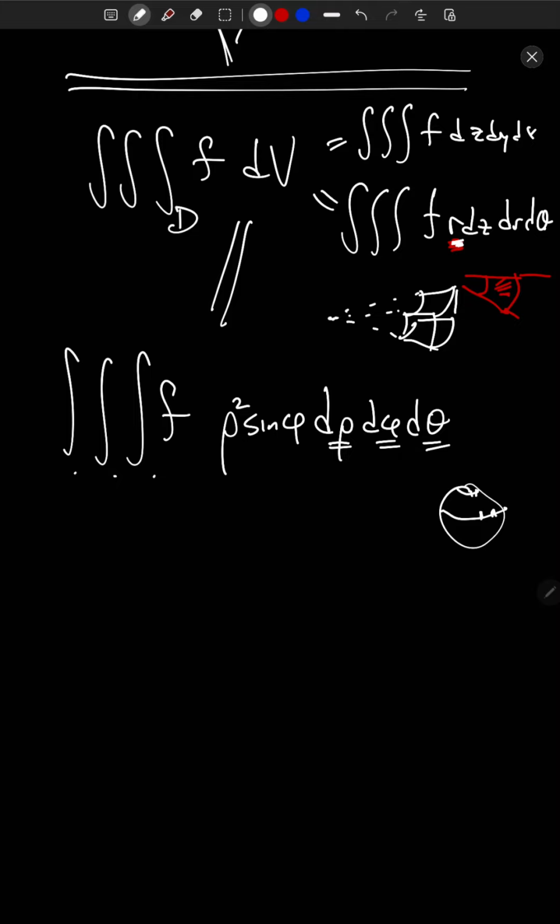And phi determines how far you are, whether you're near the North Pole or near the equator, because it's the tilt from the z-axis. Because of this, there needs to be a sine phi to compensate. I'm not going to do the derivation; for this section, you're just going to have to believe me on this. But the next section will tell us exactly why.